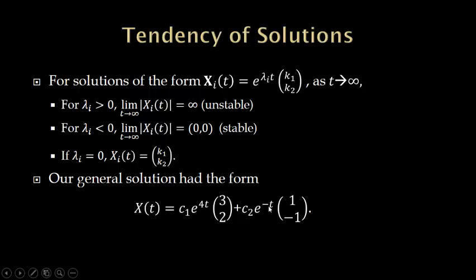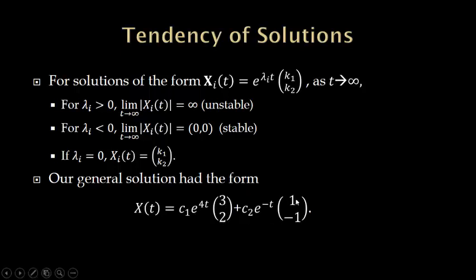What I mean by unstable is that these solutions will tend away from the equilibrium point. You'll remember in chapter 1 I talked about phase diagrams, and I gave you some phase diagrams for two-dimensional plots. For this, along the ray 3, 2, the solutions are going to tend away from the equilibrium 0, 0.